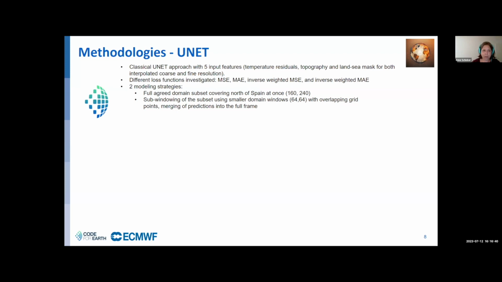We started with 2 model strategies because of the resources we were using first. We were not able to use the domain agreed with the Spanish team, so we had to use a sub-windowing approach. But we moved now to a different computing platform, so we will use the full agreed domain in one go without the sub-windowing.